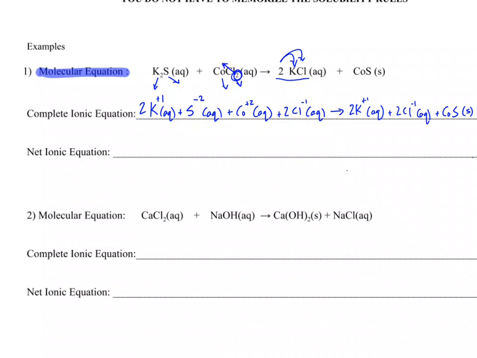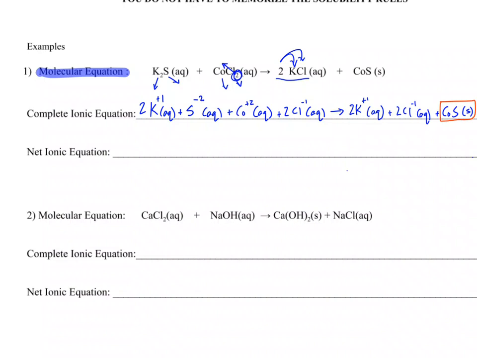Now, what is the net ionic equation? The net ionic equation is only the part of this equation that is responsible for forming cobalt sulfide as my solid. So cobalt sulfide is what's important here. Okay.